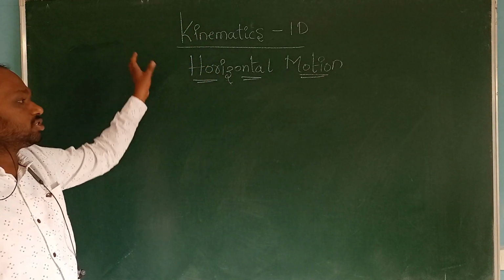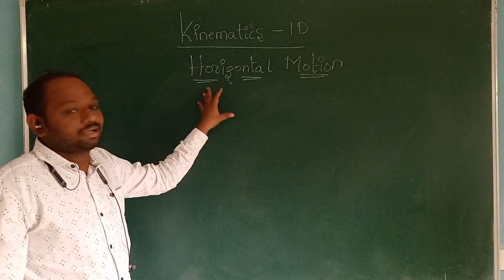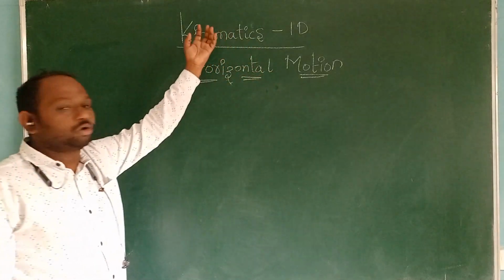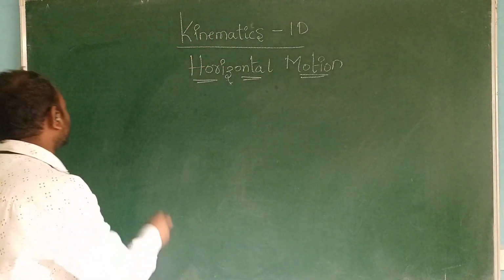One dimensional means the body is moving in a straight line or horizontal motion. Before going to this topic, I will explain a few words.